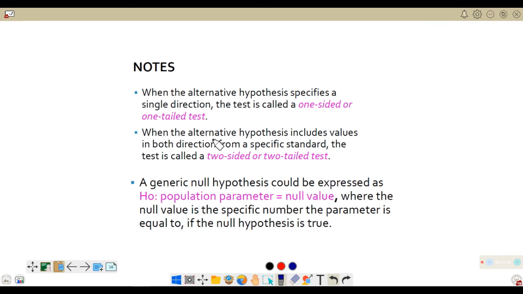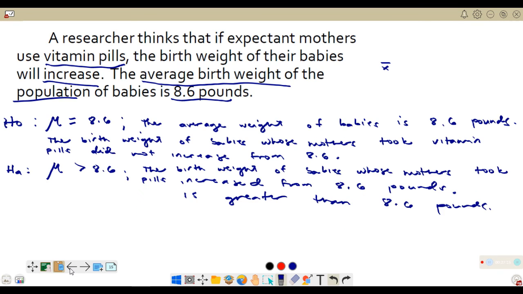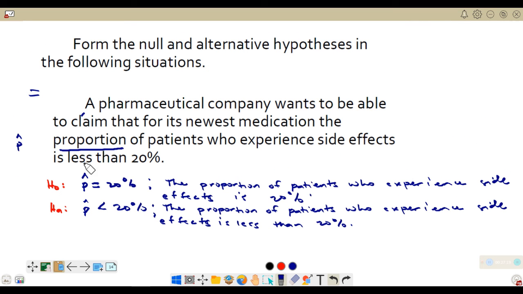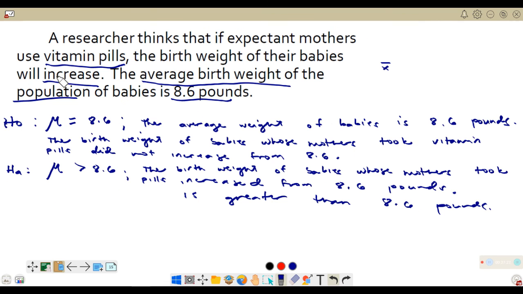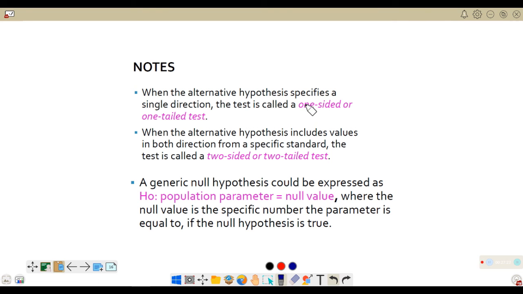Okay. Notes. When the alternative hypothesis specifies a single direction, the test is called one-sided or one-tailed test. Dito, meron tayong word na less than. Dito sa kabila, meron tayong word na increase. So, one-sided siya, parehas.